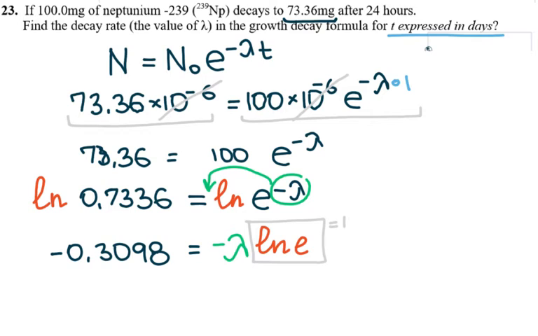Now if we cancel negatives from both sides, the same as multiplying by negative 1, I get lambda is equal to 0.3098, or almost 31%. Then what the decay constant lambda actually means is the probability of decay per unit time. So that means 31% of the original value is going to be decayed in 1 day.